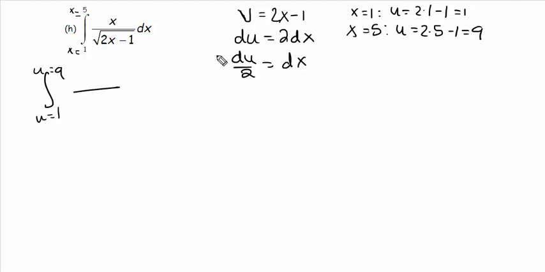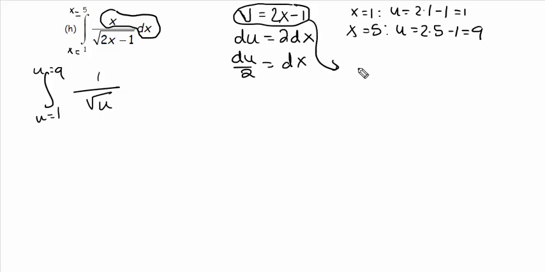Now, I know the denominator is square root of u, but I don't know what x is. Now, I can solve u is equal to 2x minus 1 for x. So u plus 1 is 2x, and then divide by 2.